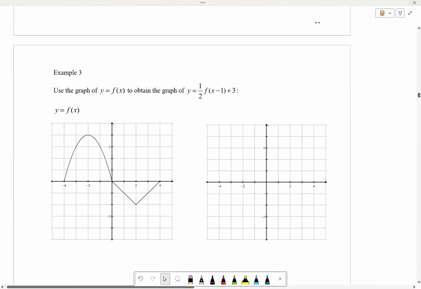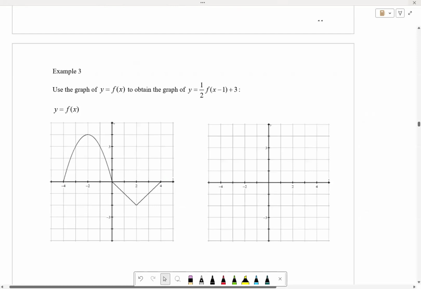So an important note here: order of transformations.